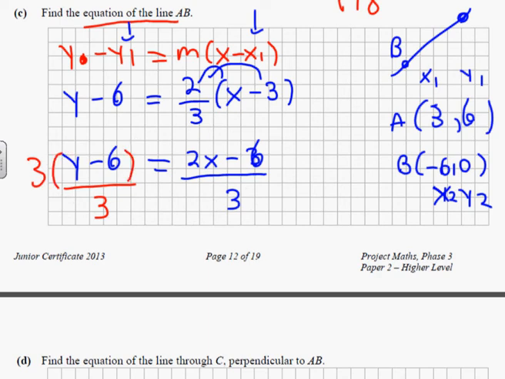And what happens to the 3's on the bottom? They cancel out. Can anybody tell me why they cancel out? If I have a third plus 4 thirds equals 5 thirds, would everybody agree with that? And what happens when I get rid of the thirds? Does it still balance? 1 plus 4 equals 5. So it still balances. That's why we're able to get rid of the 3's on the bottom.